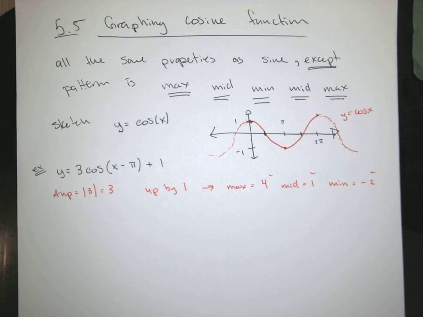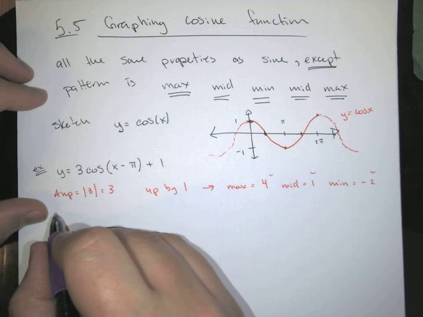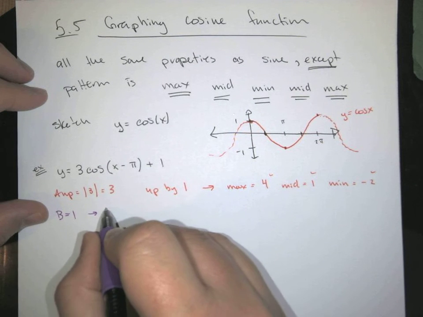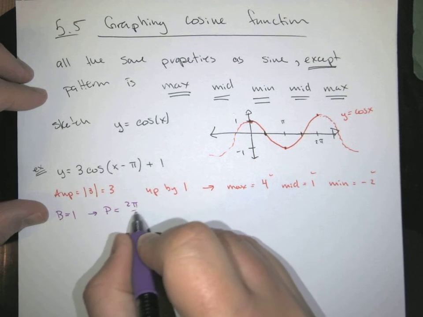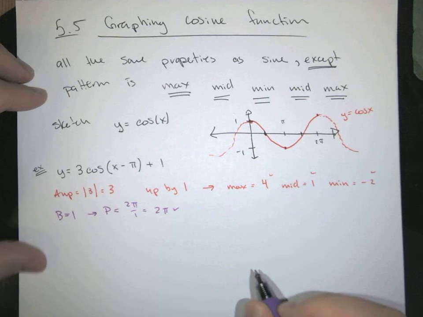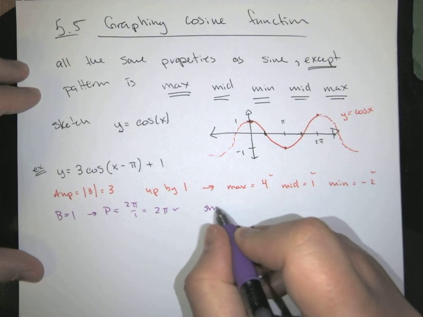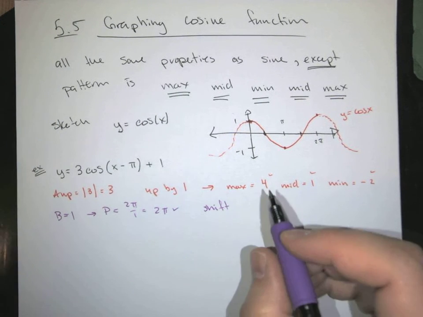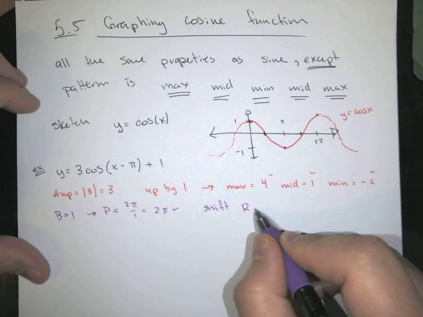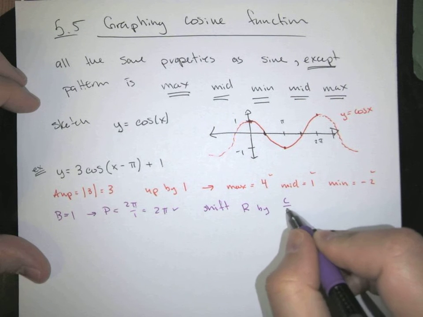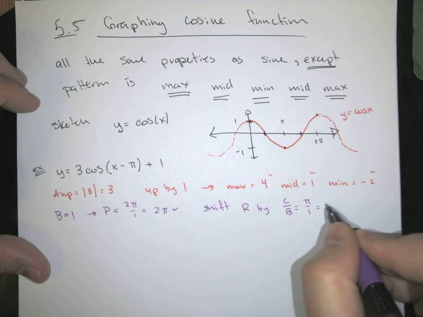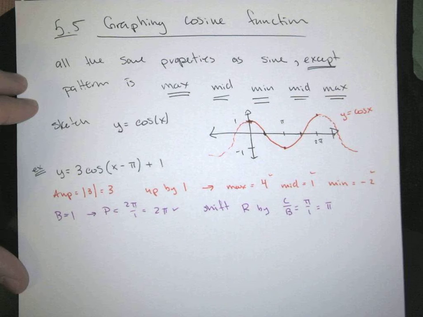We shifted this to the right by pi. B value here is 1, so the cycle length is just 2 pi over 1 is 2 pi, just the usual. And then we've got a C value here of minus pi, so we're going to shift it right by C over B, which would be pi over 1. So we're going to shift it right by pi.